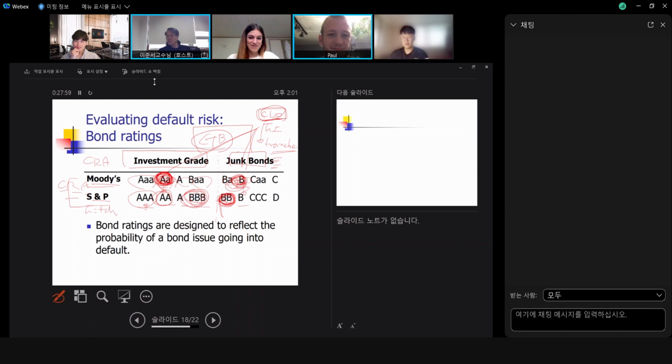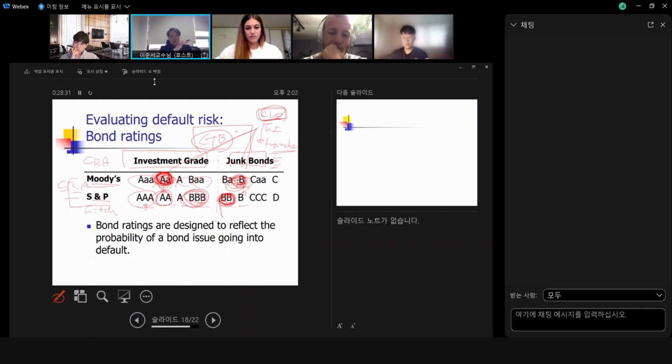Anyway, so there's an order to receive the interest and principal. Definitely the holder of a double A bond receives the interest and principal earlier than the holder of a single B bond.